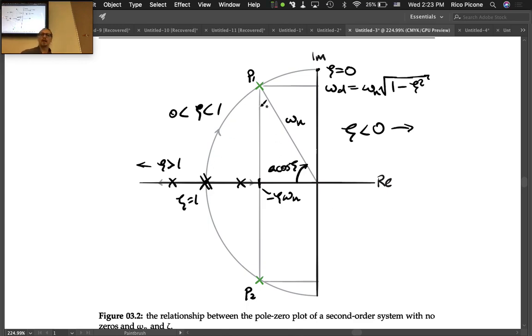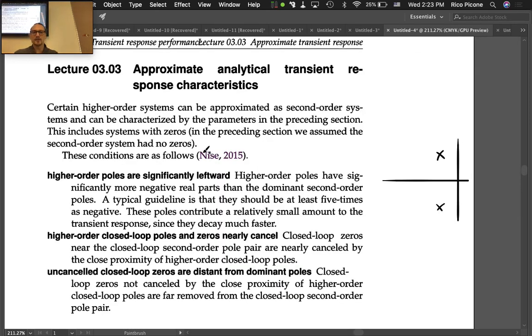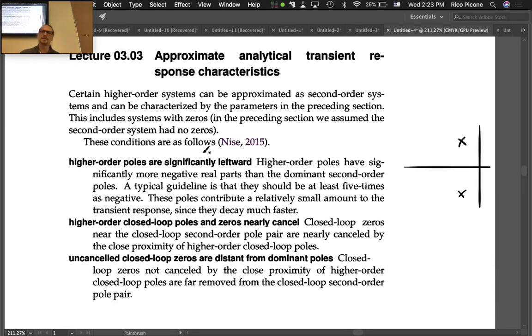We have this radial natural frequency here, and we have the damping ratio related to the angle. And these parameters, even for higher order systems that have more poles and more zeros, sometimes we can use, and we would like to use them. They're going to be really useful for us. So we're going to see, when is that still valid? And that's what this lecture, 3.3, is all about.